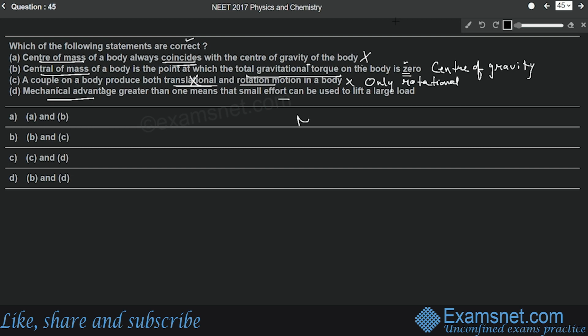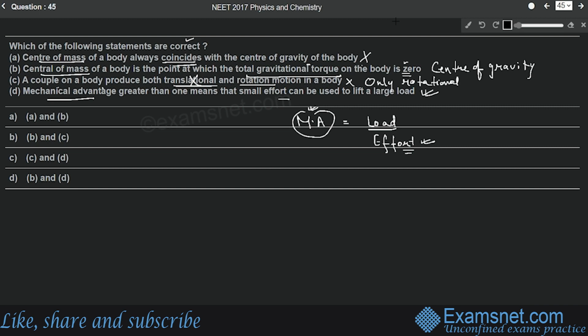Okay, so mechanical advantage can be represented as load by effort. So if mechanical advantage is greater than 1, it means that effort will be low. Okay, lesser effort will lead to a larger mechanical advantage. Therefore this is a correct statement.